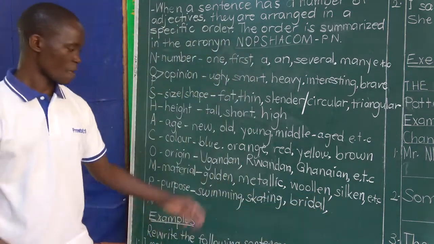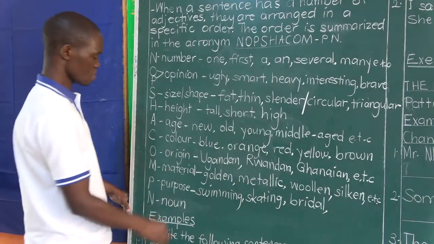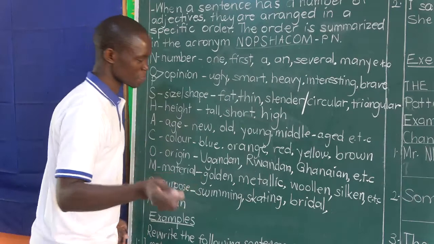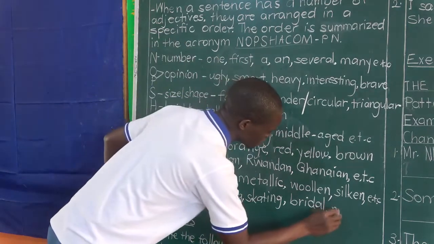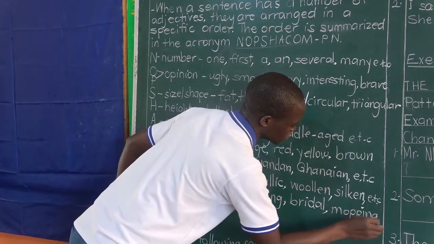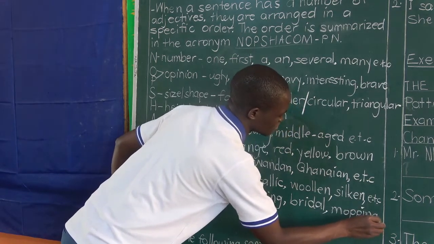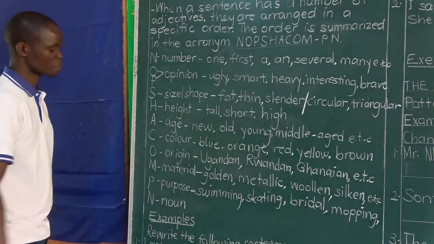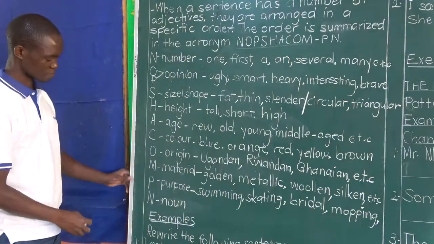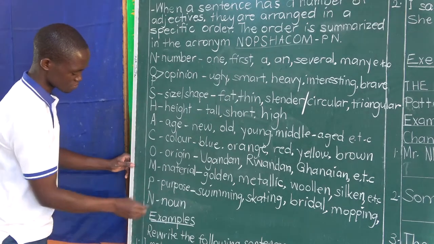So we think of bridal cars. We have rotas at school, and some are called sweeping rotas or mopping rotas. Mopping can be an adjective in that case: a mopping rota. Not a rota that mops, but a rota whose purpose is to show you who is supposed to mop at what time. That is a rota, the noun.